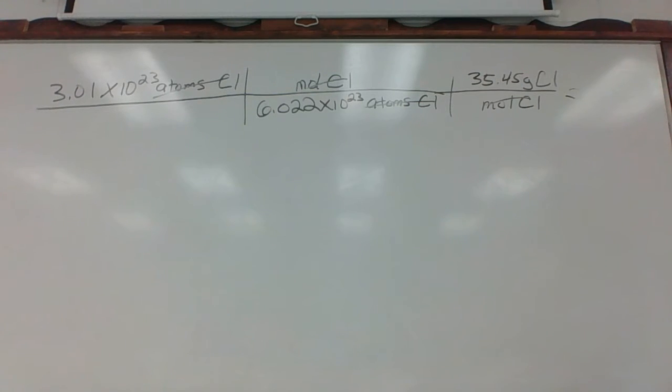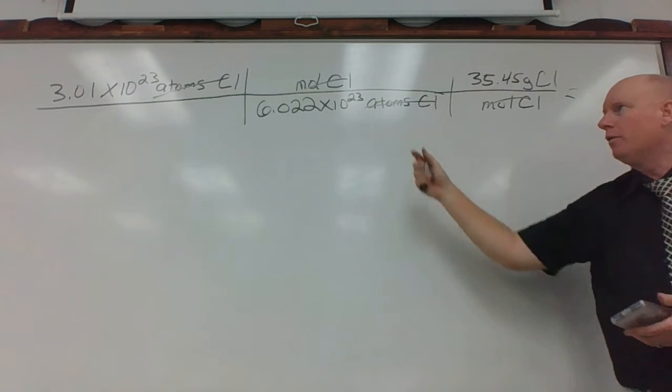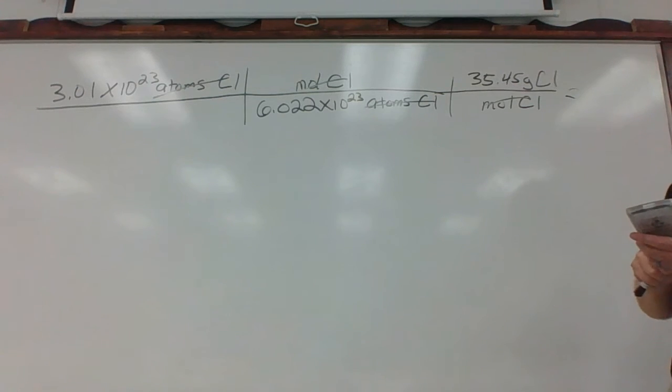And then when we do that, take your handy dandy calculator. Chances are it's going to be 3 times 35, so it's probably going to be somewhere around 110, I'm guessing, because the powers probably cancel each other out. 3.01 second exponent to the 23rd times 35.45.